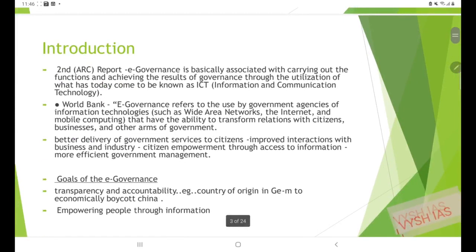While talking about e-governance, we should keep some standardized definitions so that you can use them in answer writing. As per the Second ARC report, e-governance is associated with carrying out the functions and achieving the results of governance through the utilization of ICT. So ICT is an integral part of e-governance.